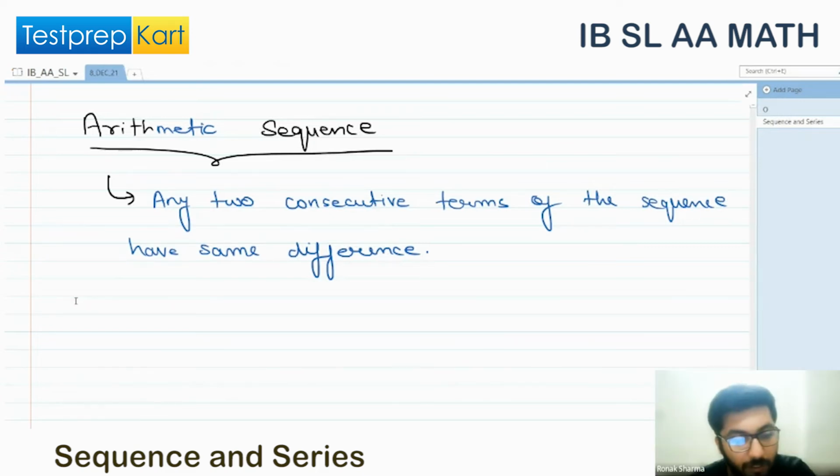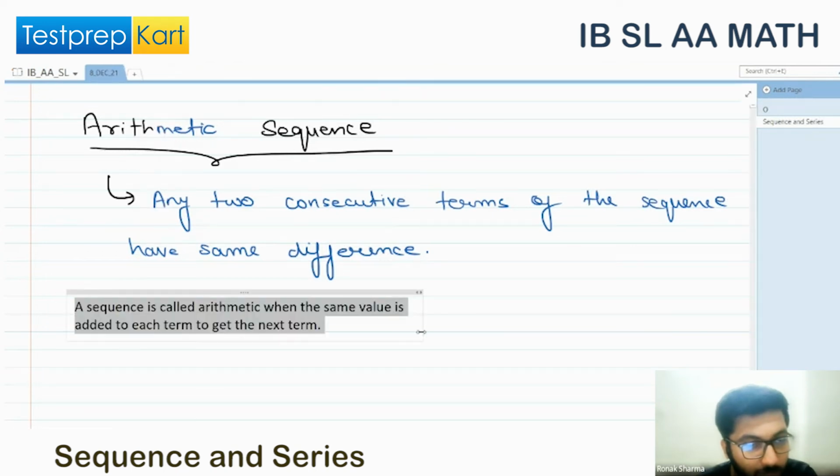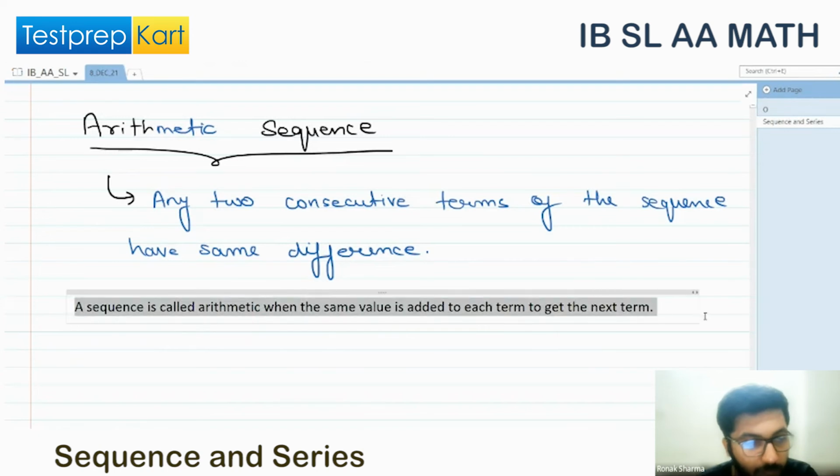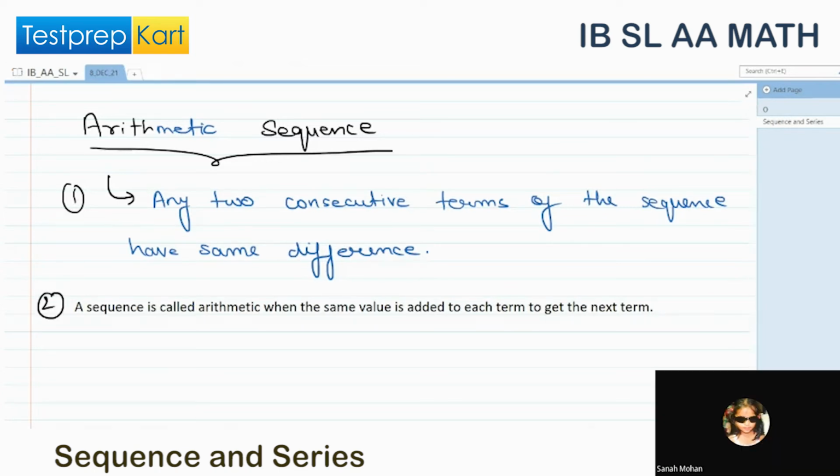Or you can also write this. This is also the definition. First definition, second definition, both are the same only.